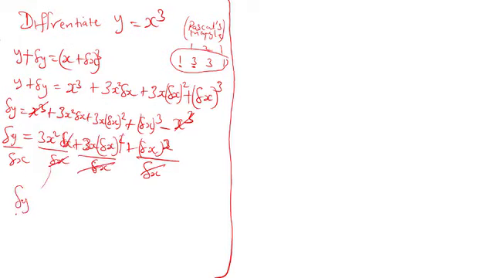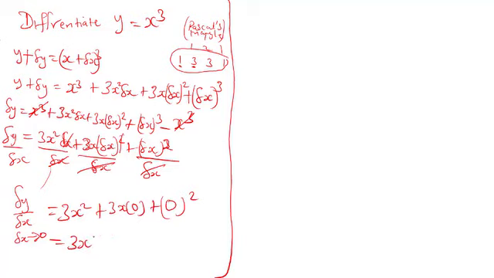dy/dx, as delta x tends to 0, we now have 3x squared plus 3x times 0, as delta x tends to 0, plus 0 raised to power 2. So this becomes 3x squared. This is 0 plus 0 plus 0.